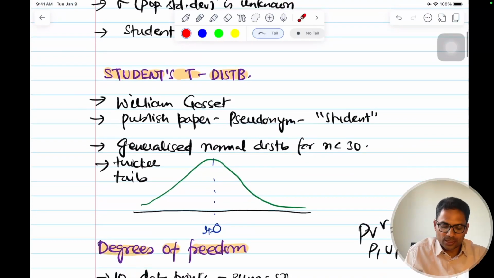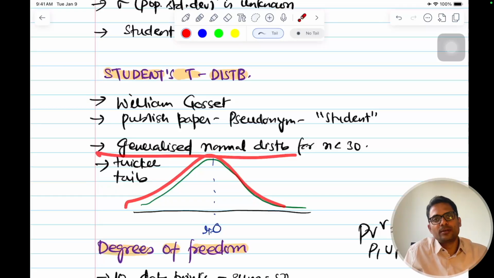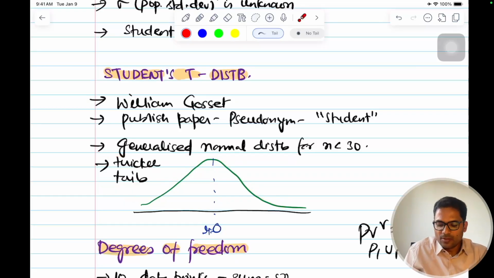What is the t distribution like? It's a generalized normal or Gaussian distribution for small sample size where n is less than 30 and unknown standard deviation or unknown variance. Here the property is that the tails are thicker than a normal distribution, and it is zero centered.